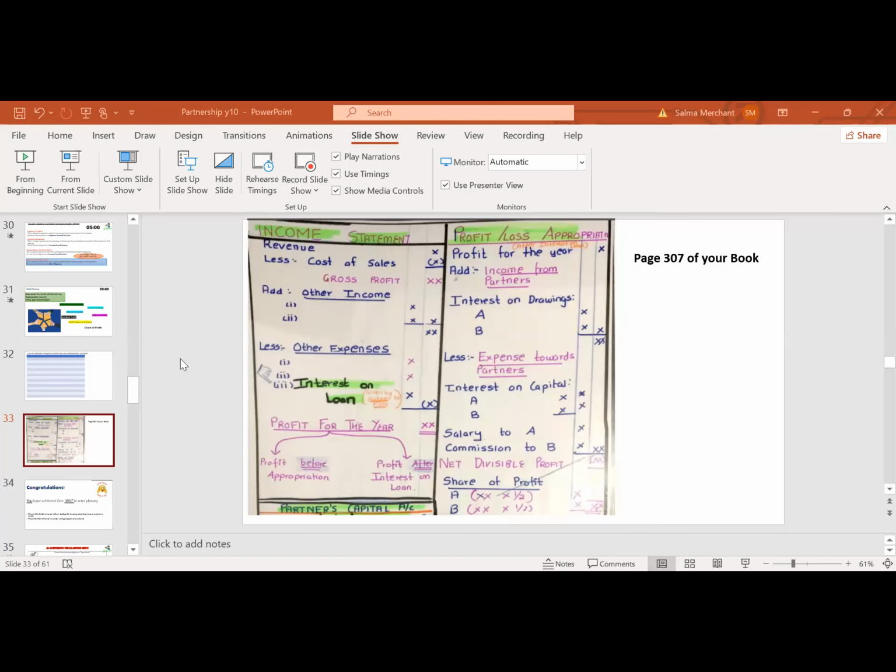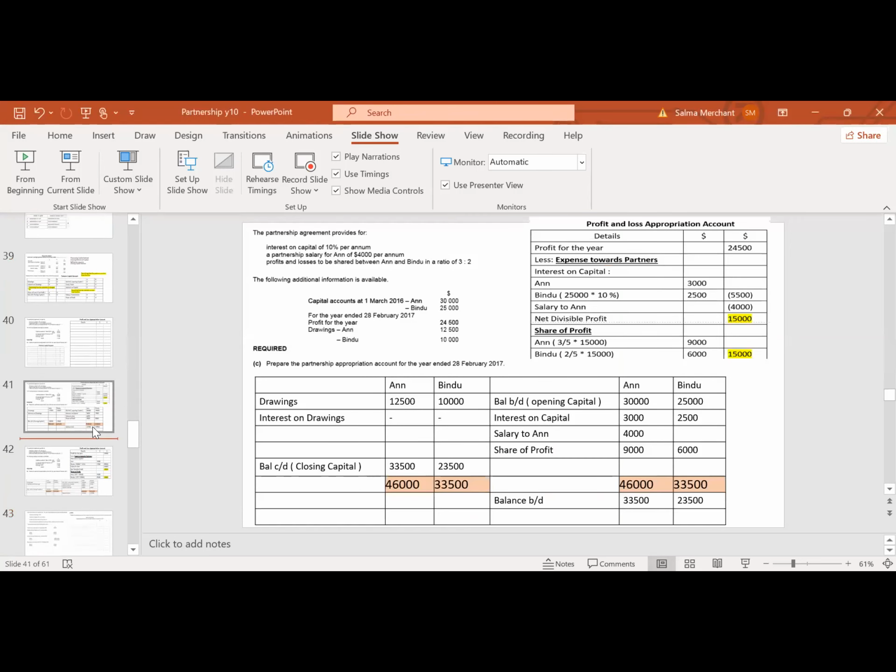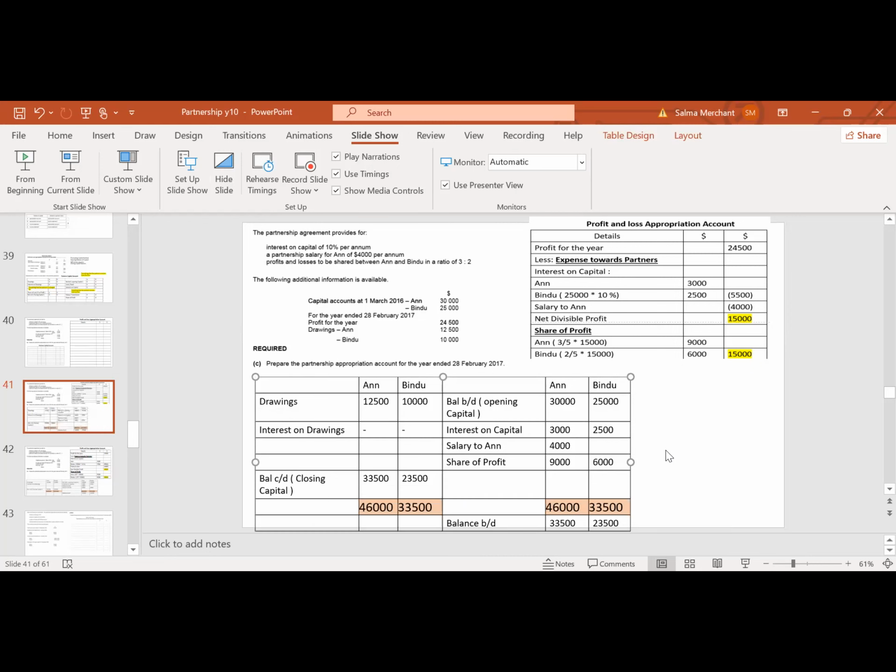Sometimes the partners will say that we don't want the capital account balances to keep on changing, from 30,000 to 33,500. We want the capital to remain fixed. This is the requirement of the partner.